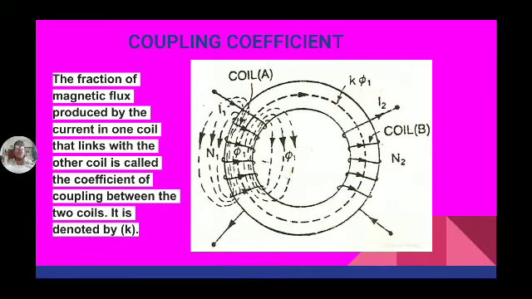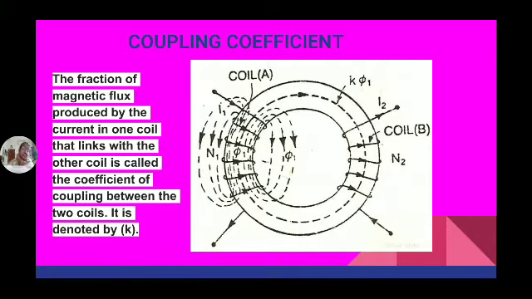It cannot be more than 1, because if the flux developed is 100 milliwebers, the flux linking with coil 2 cannot be 120 milliwebers. If you have 100 rupees with you, at the most you can give 100 rupees to your friend. Or you can give 70 rupees or 60 rupees, less than 100. But you cannot give more than 100 because you only have 100 rupees.